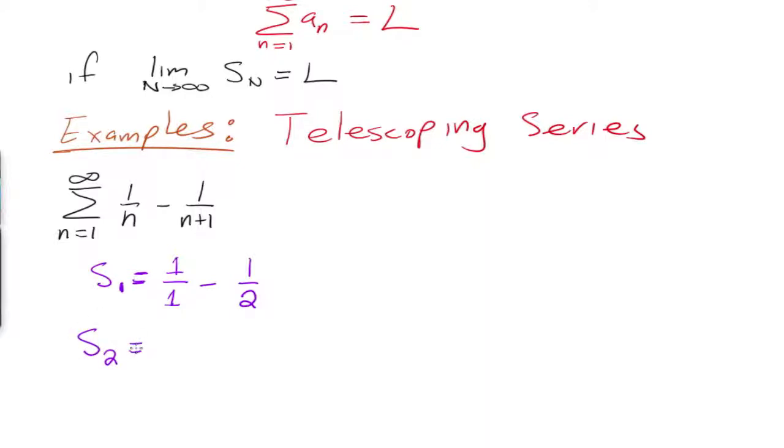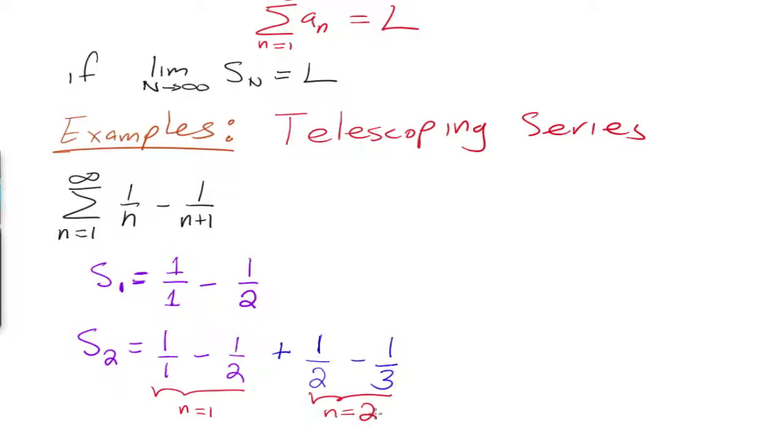So what about s sub 2? The partial sum s sub 2 would be, add up the first two terms, right? So it would be 1 over 1 minus 1 half. This is what I get when n is equal to 1. But then plus, you plug in the next number, you plug in 2, and I get what? 1 half minus 1/3. This is what I get when I plug in n equals 2, right?